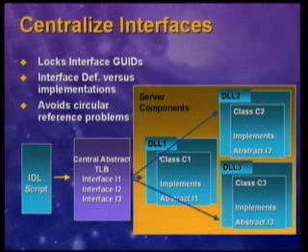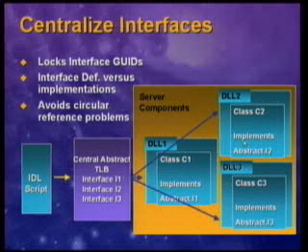They won't need to reference each other. This locks the interface GUIDs because you're in fact allowed to remove functions from interfaces or change function signatures, etc., and MIDL won't complain when you recompile. It'll keep the same GUID. That's useful for Visual Basic developers.